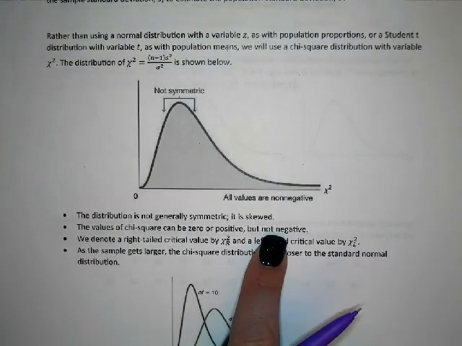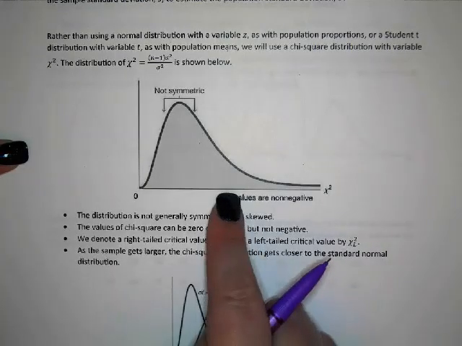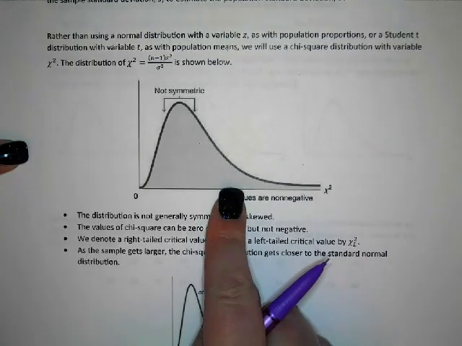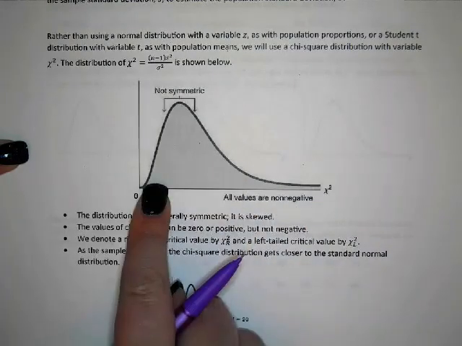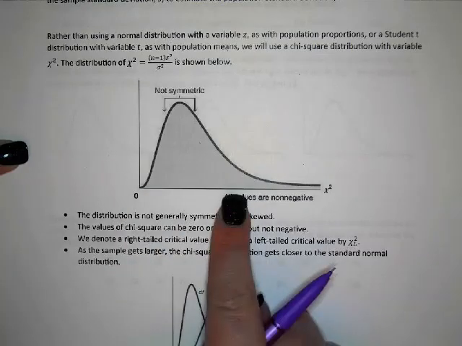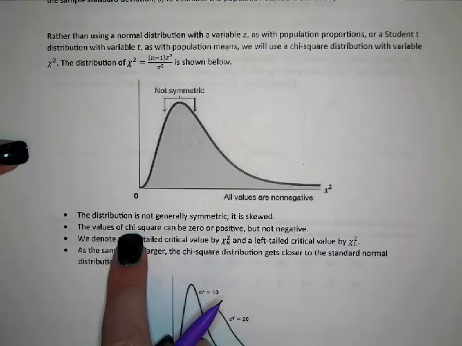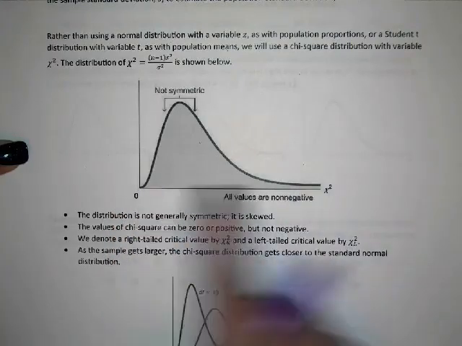When we looked at the standard normal distribution and the t distribution, we found that z equals 0 or t equals 0 was in the middle, and then we had positive z values to the right and negative z values to the left, or t values to the right, t values to the left. Here, that's not the case. For chi-square, we start at 0, and then all the values are non-negative.